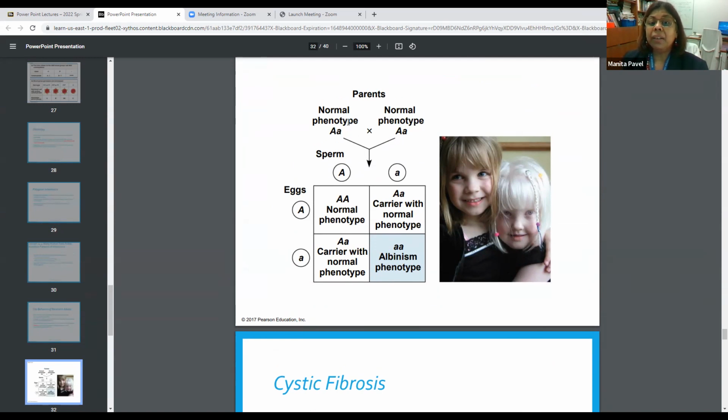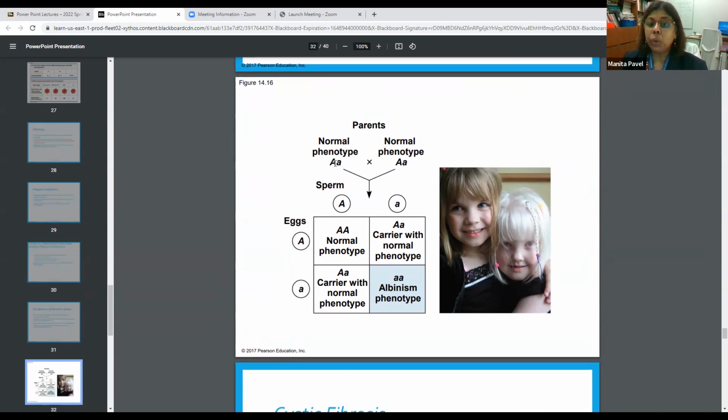So we see here heterozygous parents and the phenotype. When you mate a heterozygous with another heterozygous, the normal phenotype will be capital A. The carrier is heterozygous, but the albino will be lowercase a.